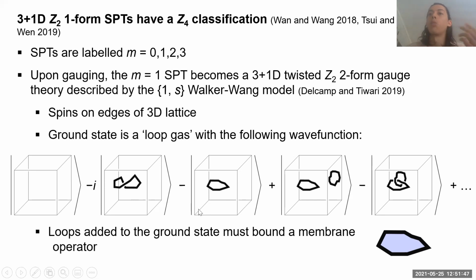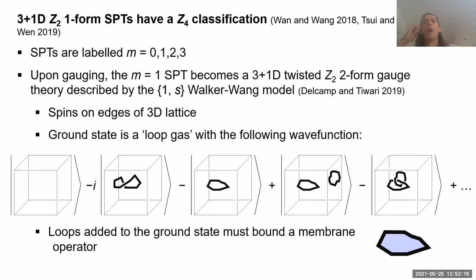There's an overall -1 for any given loop, but the key property which we'll focus on is that there is a -1 phase that is associated to every pair of linked loops. And this is basically reflecting the -1 mutual braiding statistic of the semion in the chiral semion anyon theory.